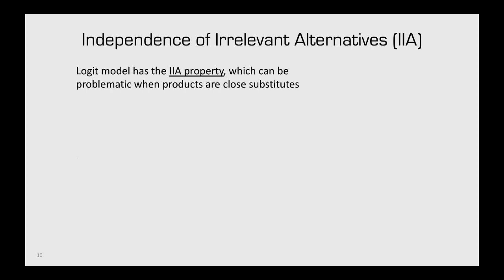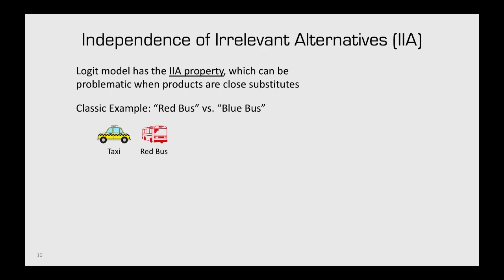Let me illustrate why this becomes a problem. The classic example is the red bus versus blue bus example. Let's say you're at the airport and you're trying to get somewhere really fast, and so your alternatives are a taxi or a red bus. And the bus you know is going to be a little bit slower, you're not super sensitive to price, so your utility for the taxi is a little higher than that of the bus.